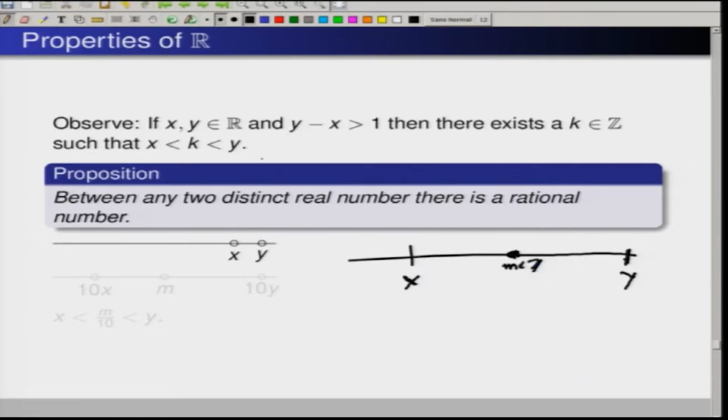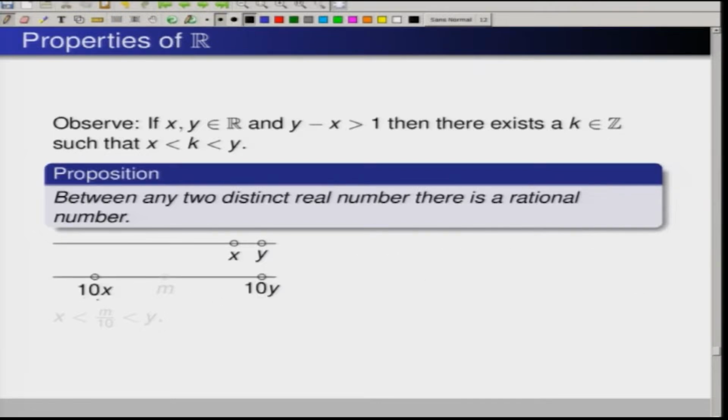Now, if they are very close by, we do not care about the closeness. What we can do is expand them. If I multiply by some large number, for example 10, then 10x will be somewhere here and 10y will be here. Now the distance between 10x and 10y is going to be bigger than 1, because I can get one integer there.